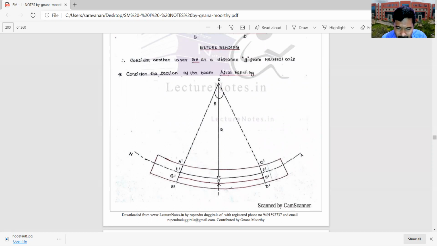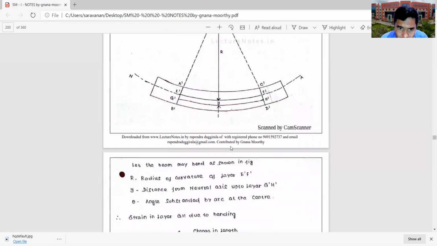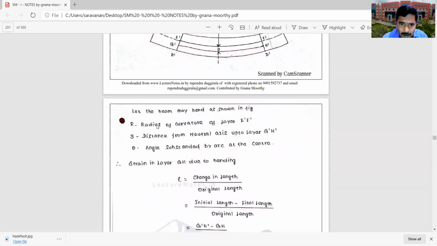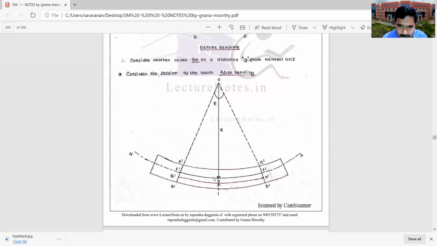If you consider the curvature with the point O, the radius of E dash F dash will be R. So R is the radius of curvature of the layer E dash F dash, and Y is the distance from the neutral axis up to the layer G dash H dash.